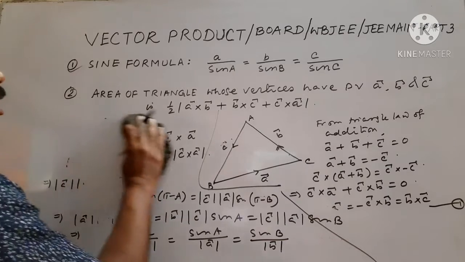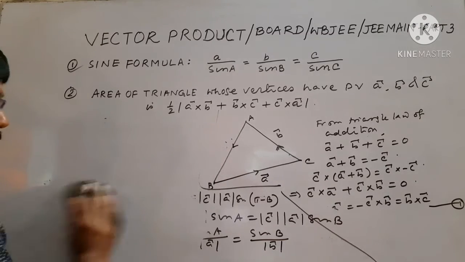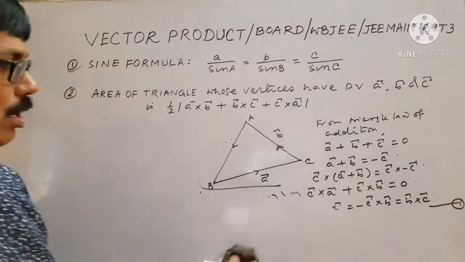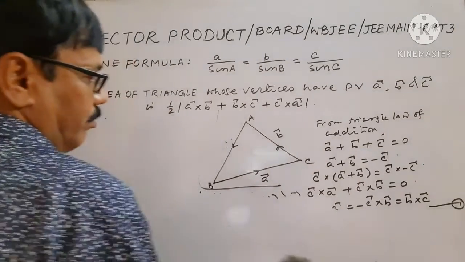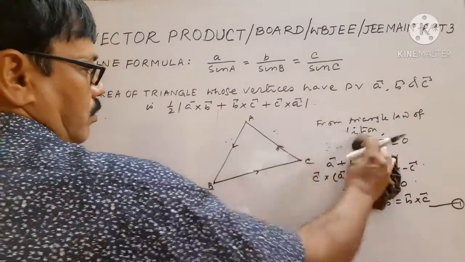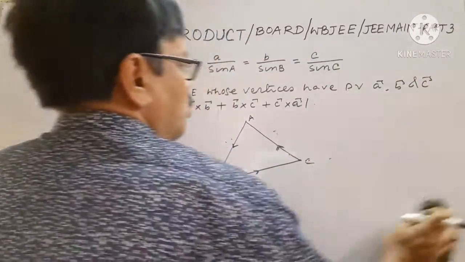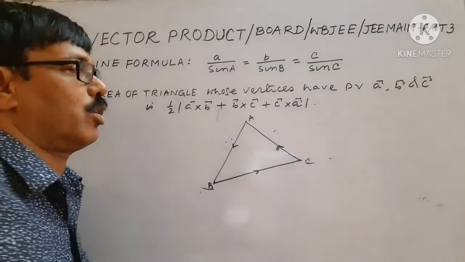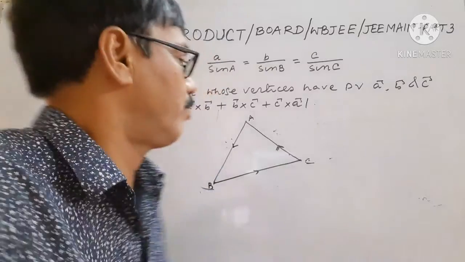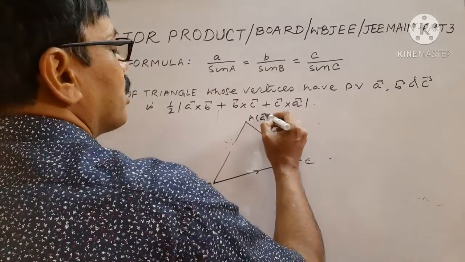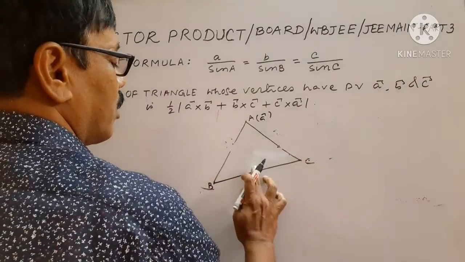Now problem number 2. Area of triangle. Find the area of the triangle whose vertices have position vectors A, B and C. So this is A vector with respect to the origin.